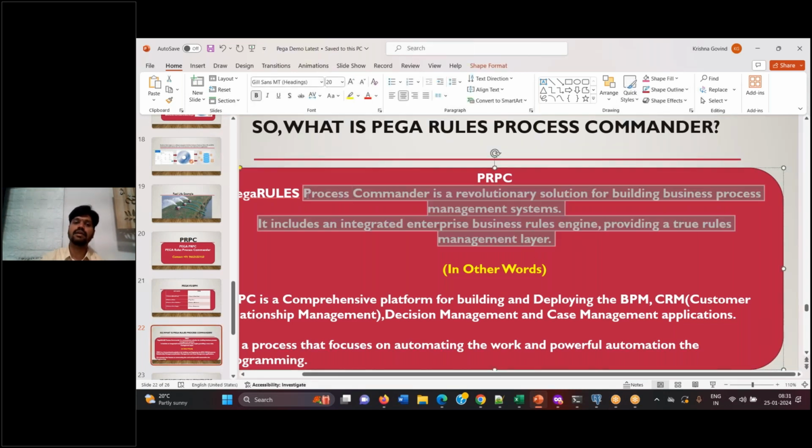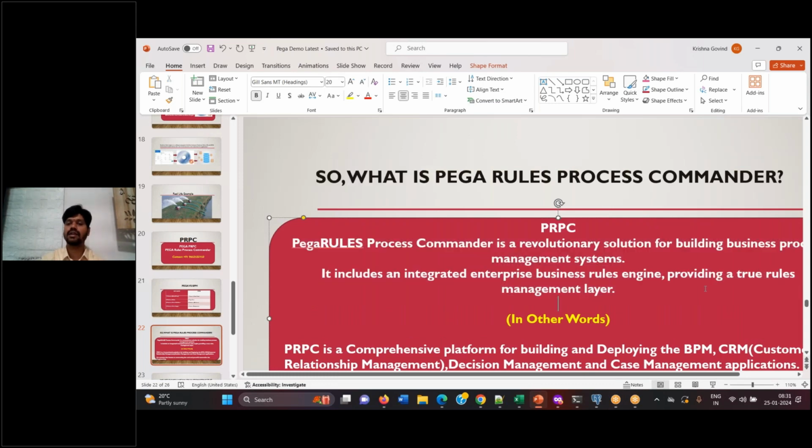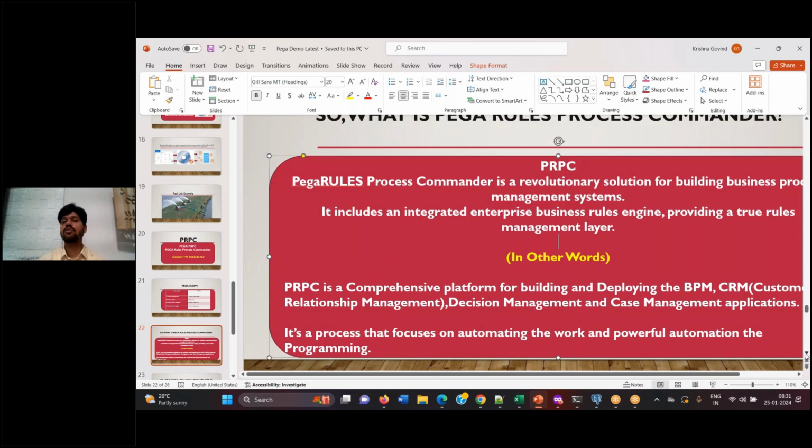That is what PRPC is. Pega Rules Process Commander is a revolutionary solution for building BPM systems. Pega developed a system using BPM methodology. It is useful when you want to develop applications without the need for coding and process your business transactions on the same platform.